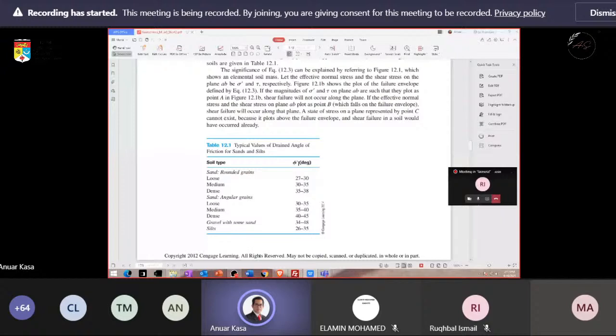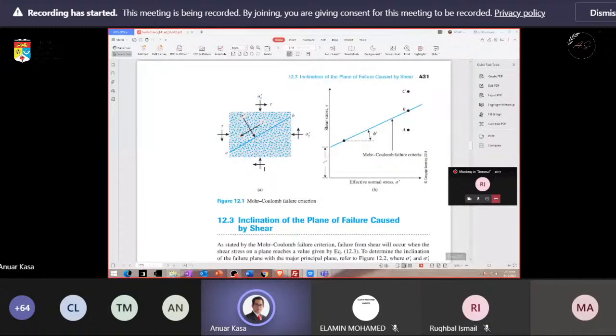Here the phi is here. Normally when we conduct the test, I think later on I'll explain a little bit more about the direct shear test, triaxial test, and also consolidation test. But in theory, in general, we have a failure plane when we apply normal stress. Normal stress you can imagine like a structure, but above the structure, the soil.